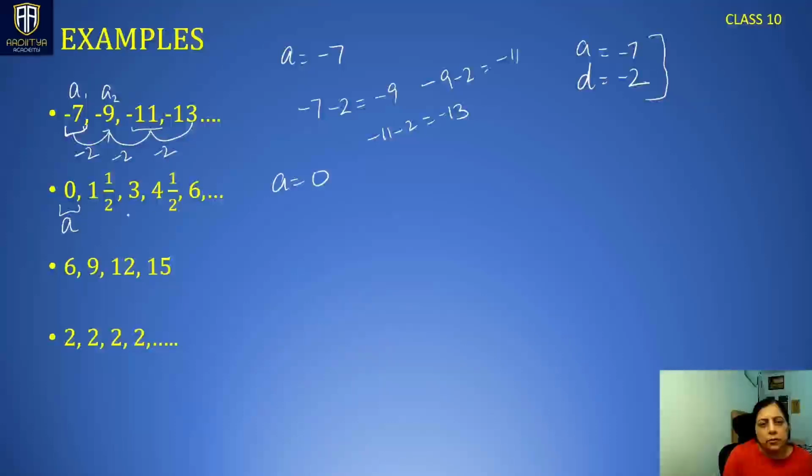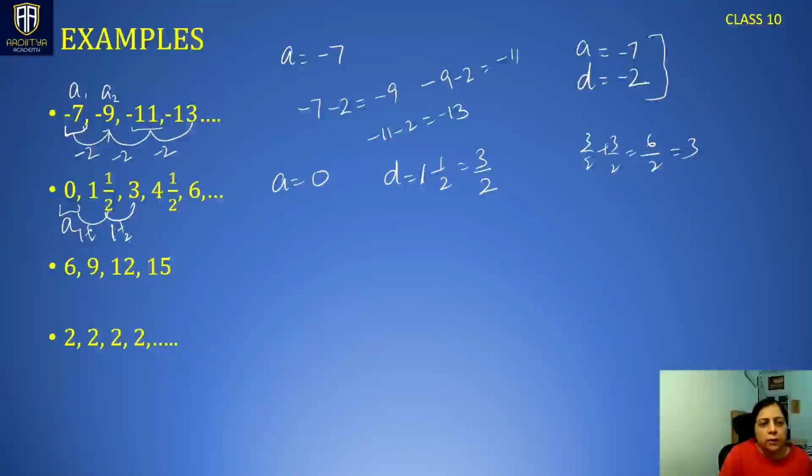Now what should be added to this to get 1.5? So 0 added to 1.5, here d automatically becomes 1.5, or you can say it is 3 by 2. Now if you add 1.5, 0 plus 1.5 is 1.5. 3 by 2 added to 3 by 2 is 6 by 2, that is 3.